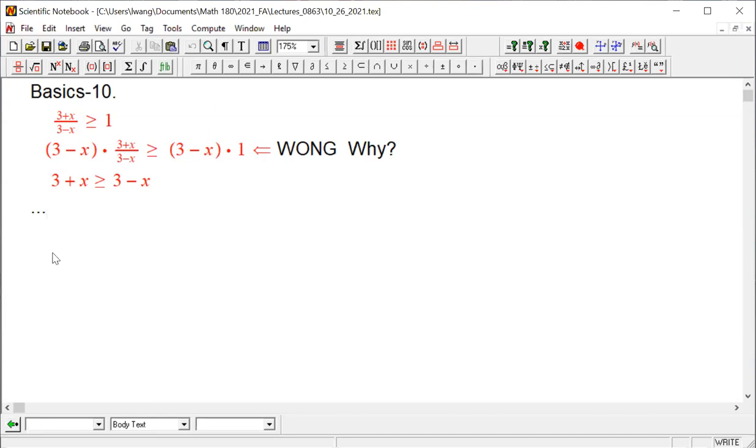You see, when we solve equations, we have principle number 3 and number 4, right? You can multiply both sides by a number not equal to 0. That's fine. But for inequality, there's an additional requirement.